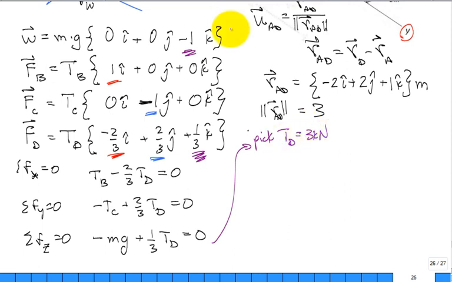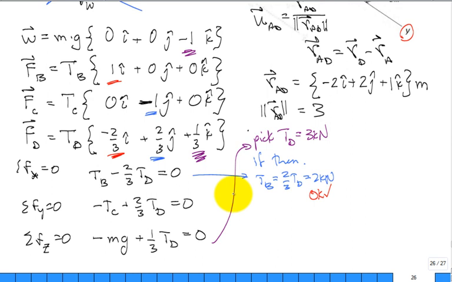So if that's true, then what we find from this equation is that the tension in B is equal to 2/3 of TD, which is 2/3 of 3 kilonewtons, 2 kilonewton. This is okay, not breaking.